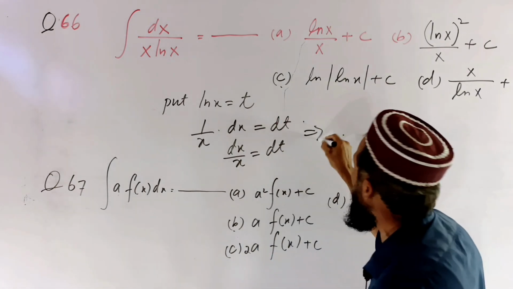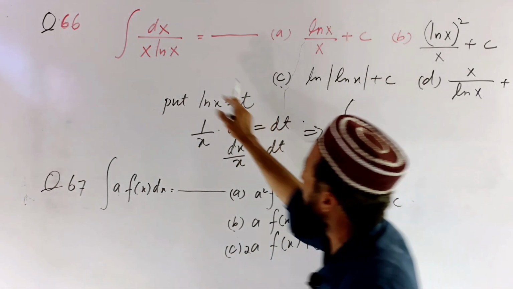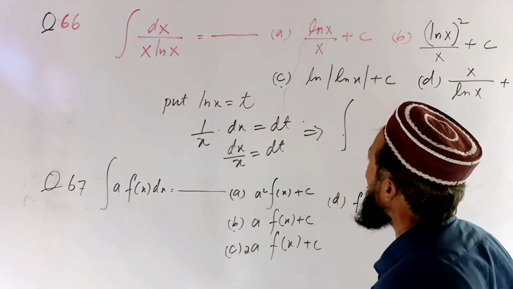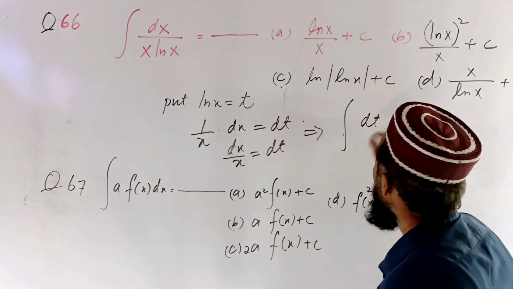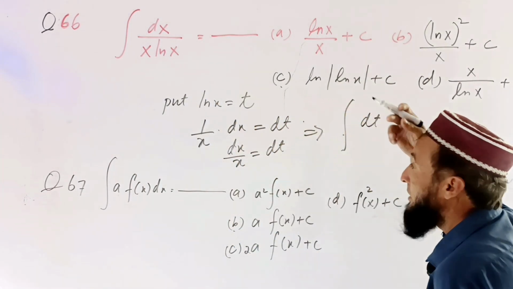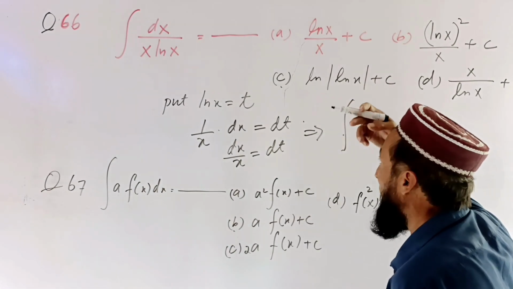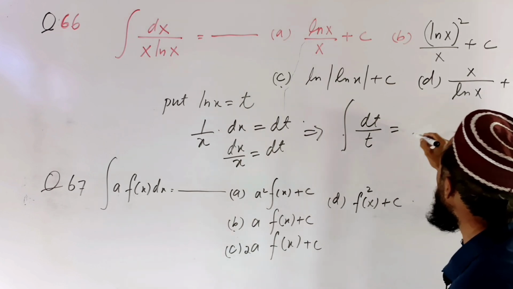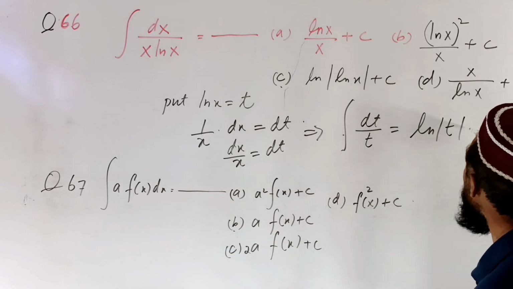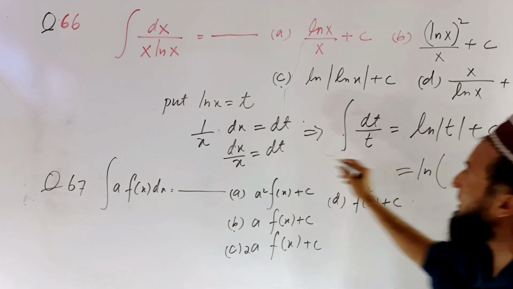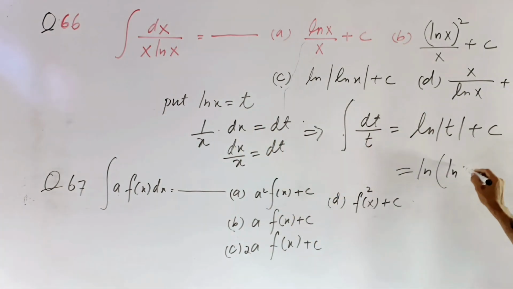Now we substitute in the integral: dx divided by x gives dt, and log of x is replaced by t. So the integral of dt over t is log of t plus c. The value of t is log of x, so the result is log of log x plus c.